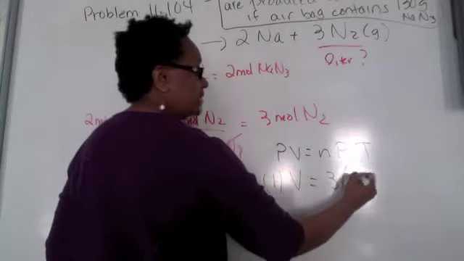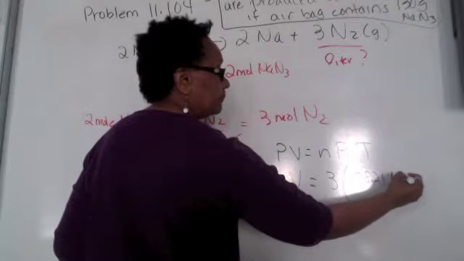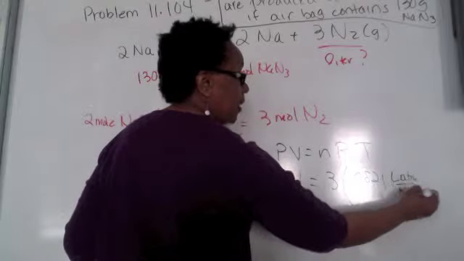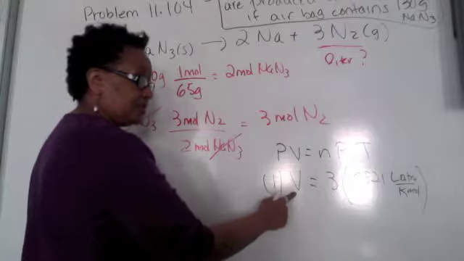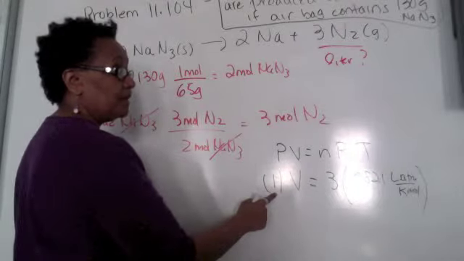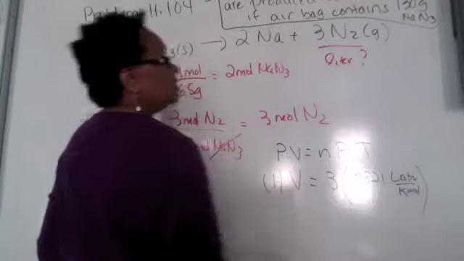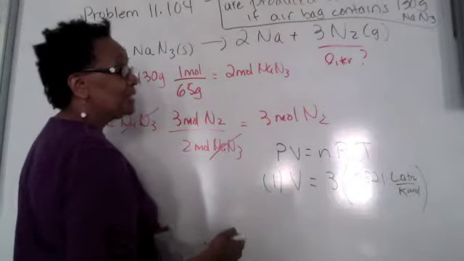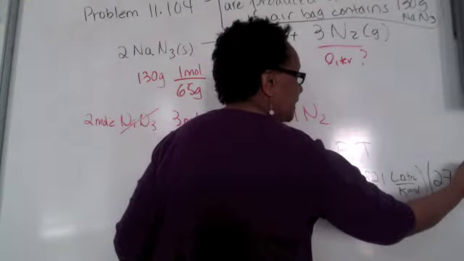My gas constant is 0.0821, and remember that's liter atmosphere per Kelvin mole, meaning the volume that I get will be in liters. This pressure must be in atmospheres, which I said standard temperature and pressure is 1 atmosphere. My temperature is going to have to be in Kelvin, so 0 degrees Celsius plus 273 is 273 Kelvin.